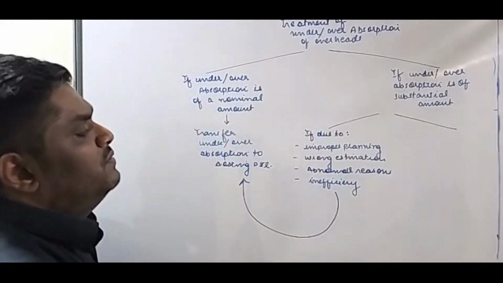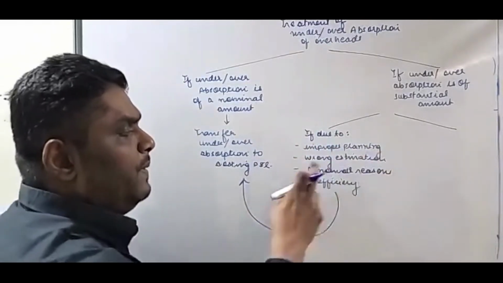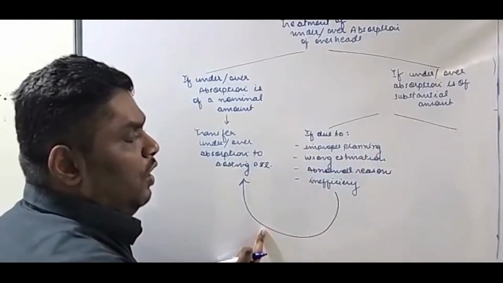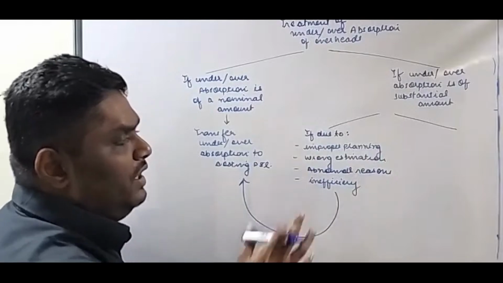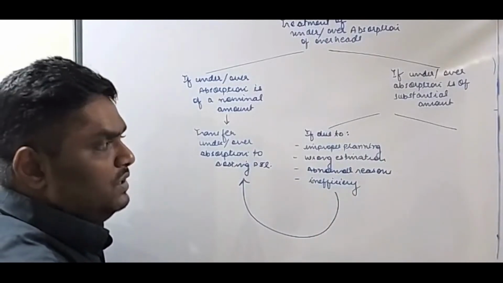Transfer the under or over absorption to costing P&L. So if the difference is due to improper planning, wrong estimation, abnormal reasons, or inefficiency of workers, then it is to be transferred to costing P&L.